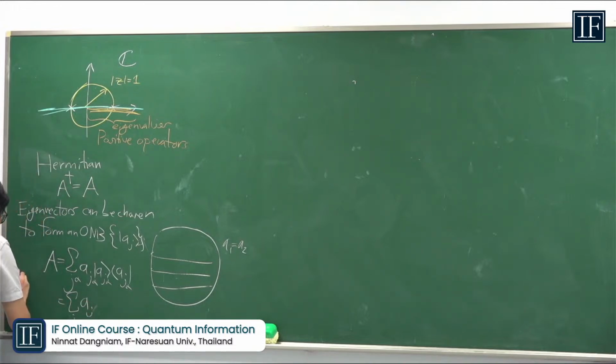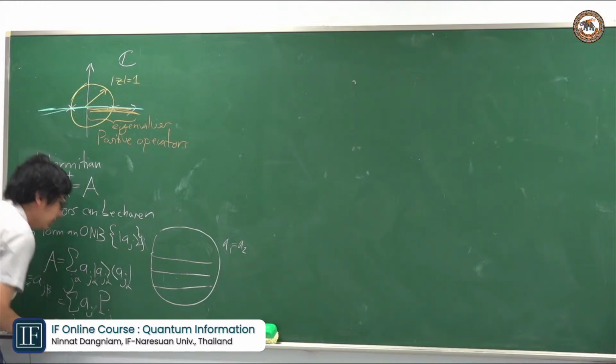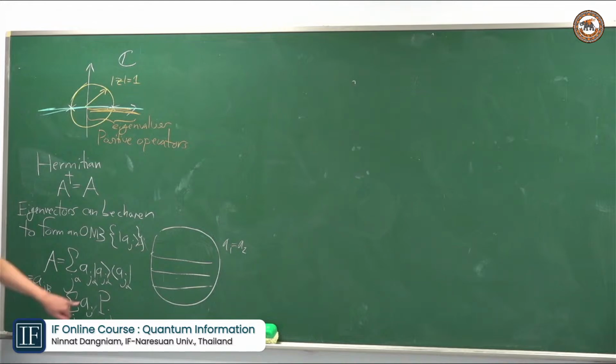If A_j alpha equals A_j beta, meaning that it's the same j, then it has all the same eigenvalues, and I can write this, where the P_j is a sum of one-dimensional projectors onto the subspace with the same eigenvalues. And that subspace is usually called the eigenspace.